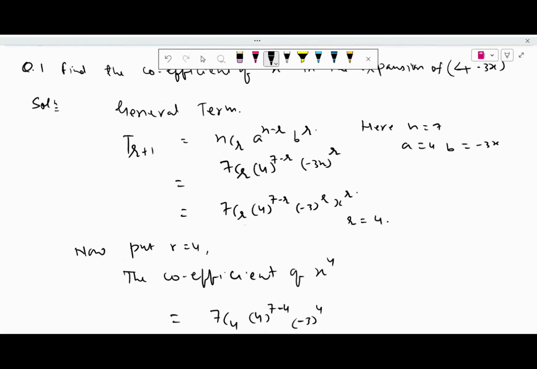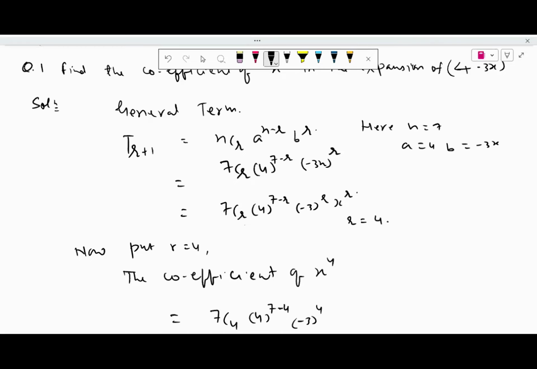That's why if we want to take nCr, it will be T(r+1), meaning the (r+1)th term, because it starts from nC0. The formula for getting the general term is nCr a to the power n minus r and b to the power r.